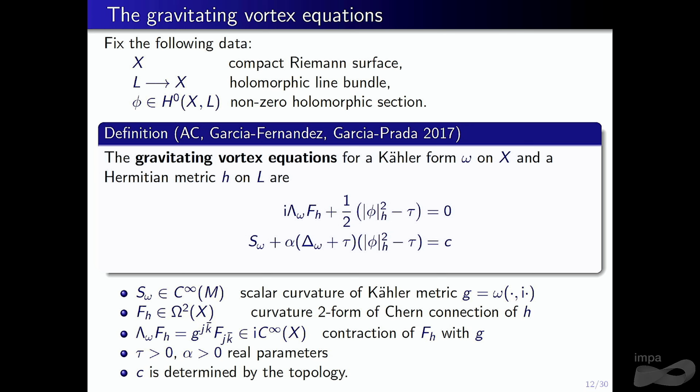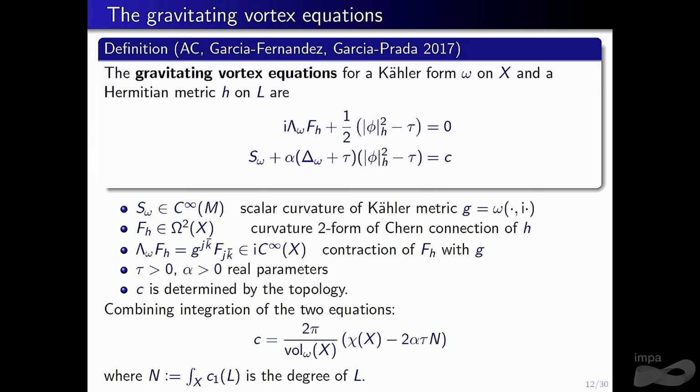C is actually determined, as in many other problems of this kind, by the topology and the parameters. It's not free. If you integrate the first equation, multiply by alpha and subtract, then you get this value. Here, alpha and tau and N are positive. N is the degree of the line bundle, and chi is the Euler characteristic.